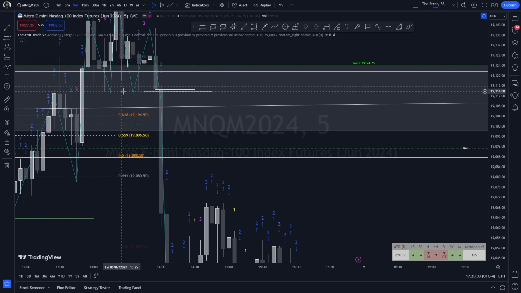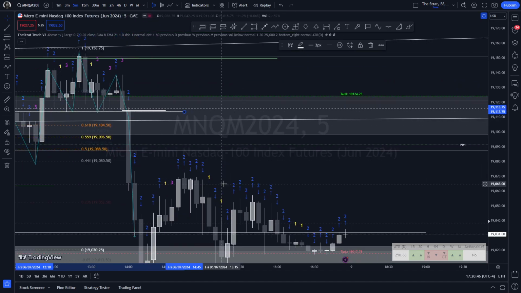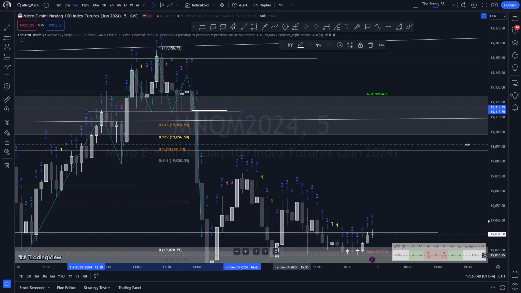And then you can see, looking back right there, that it breaks structure. There's a change in the market structure right there. There's a shift, and so right here is where I was shorting.